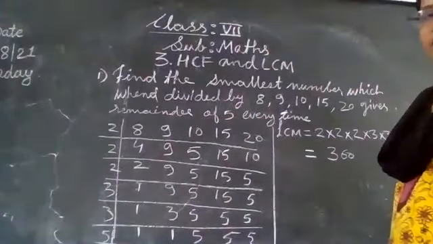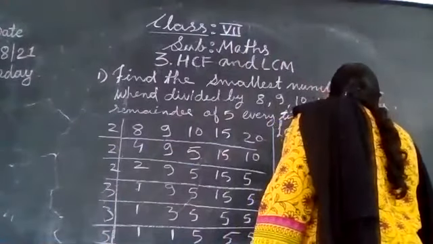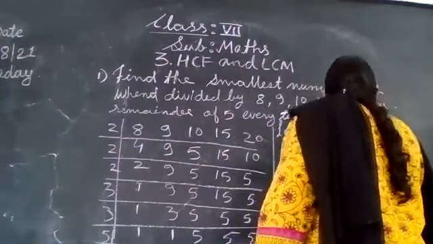We add 5 to it. Our number is LCM plus remainder. And LCM is 360 plus 5, that is equal to 365.